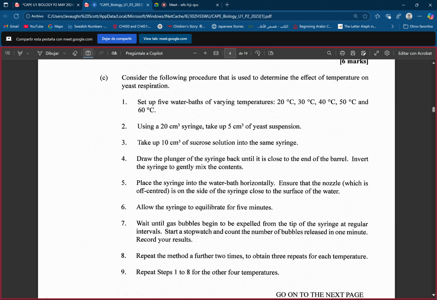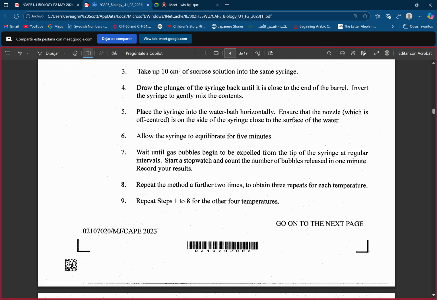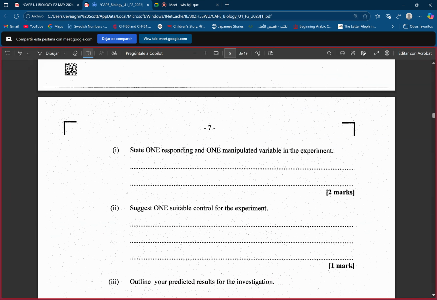Now we're called to state one responding and one manipulated variable.